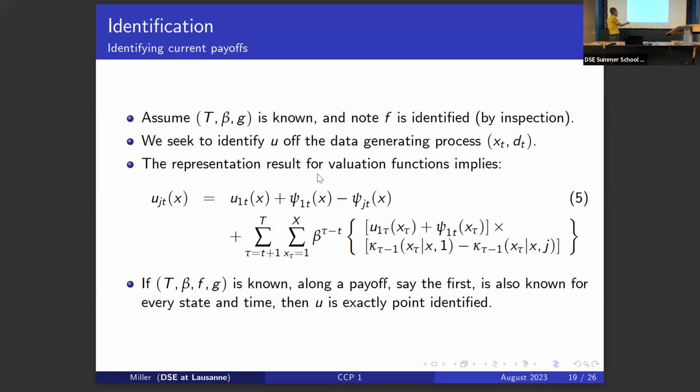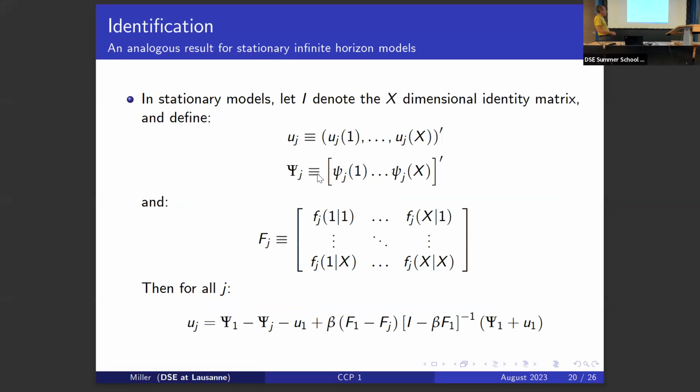That is an unrestricted estimator of the utility that comes out of the model, just exploiting the fact that these guys are optimizing, and therefore we can just exploit that like crazy when we're doing inputs. Same kind of thing in a stationary model, and you can write it down in matrix algebra. Let's move on.